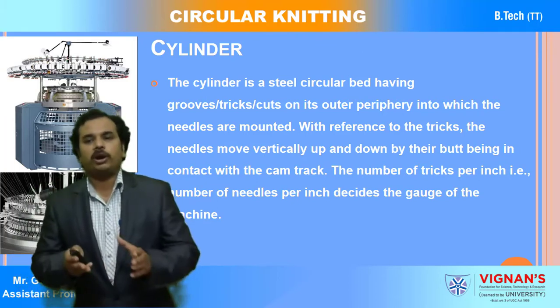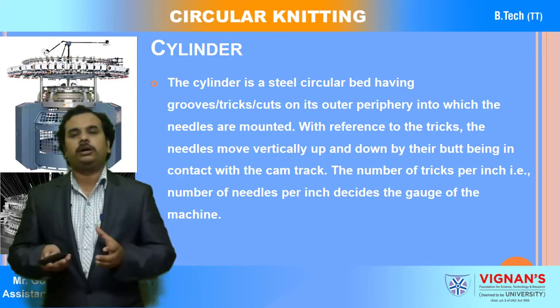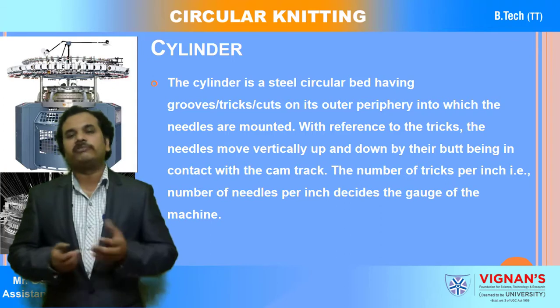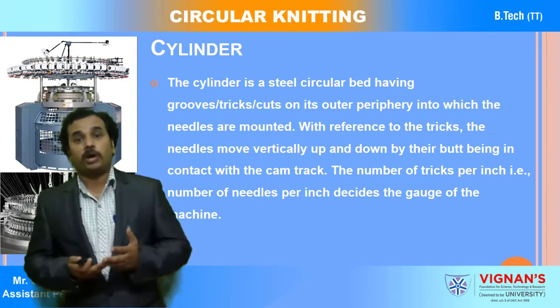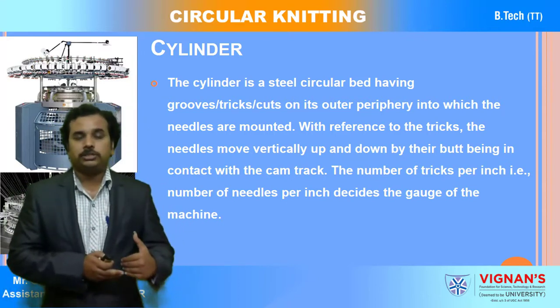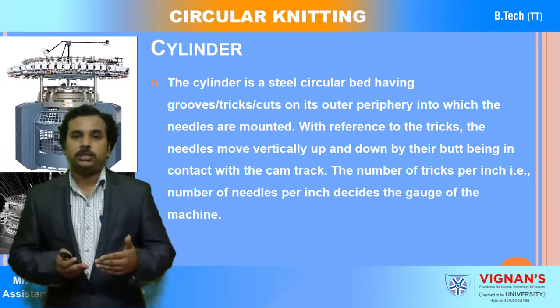The number of trikes per 1 inch, that is the number of needles per inch, is decided by the gauge of the machine. If the gauge of the machine is more, obviously the needles per 1 inch should be more. For example, if we have 25 gauge, 25 needles should be accommodated in 1 inch.